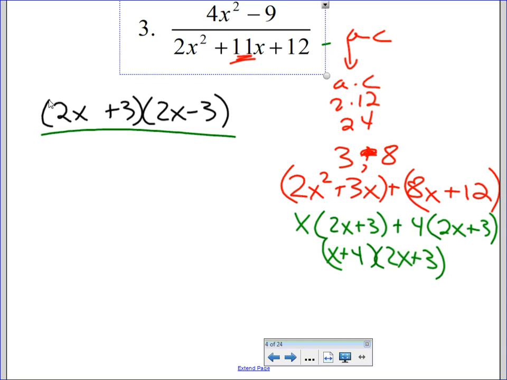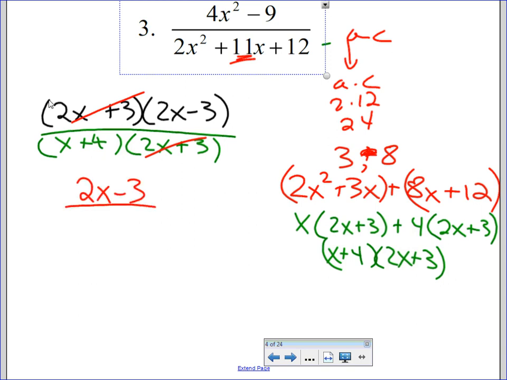So I'll write that in here. x plus 4 times 2x plus 3. The 2x plus 3's cancel, and I wind up with 2x minus 3 over x plus 4.